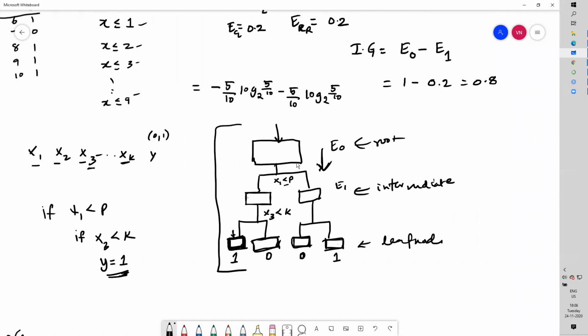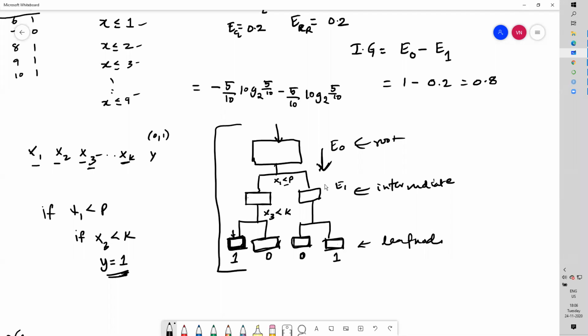If the root node is split using x1, and we get a left hand child and a right hand child, and when we try to split the right hand child further with any of the other variables, we are not able to decrease the entropy any further, then it stops here.